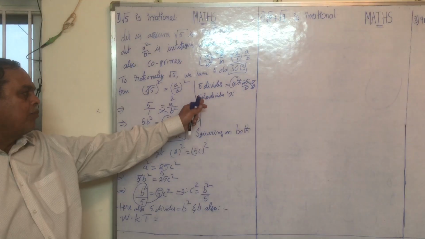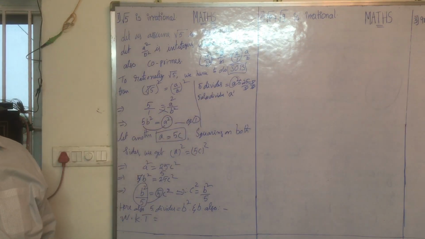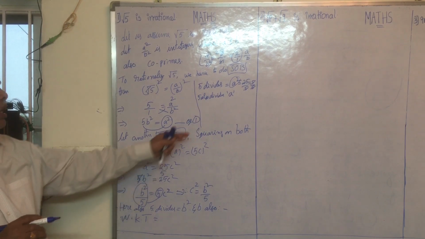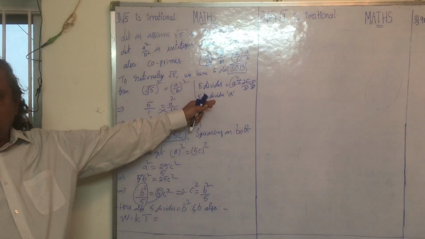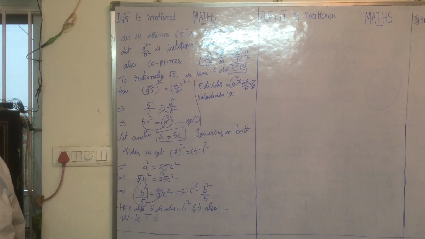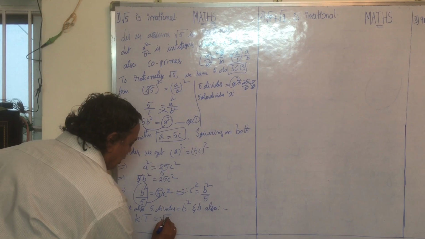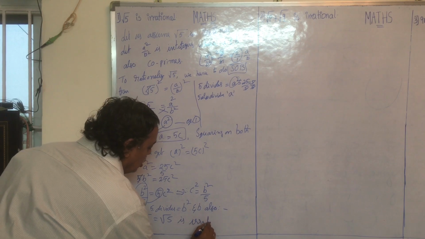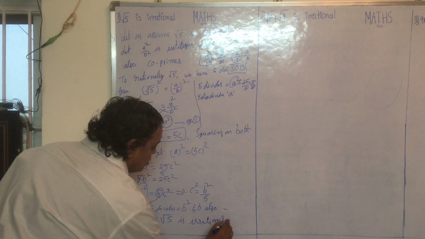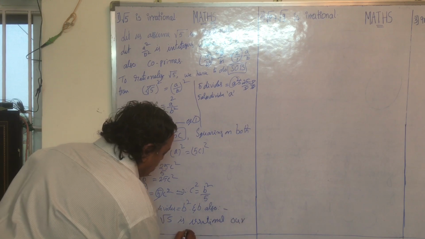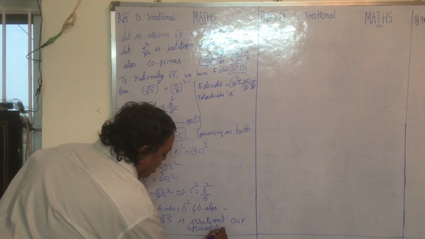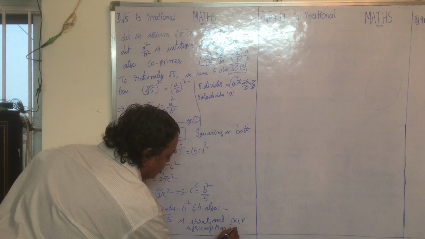Here 5 can divide a square and a. In both cases we divide integers. But a by b are co-primes. But we know root 5 is irrational. So our assumption is wrong.